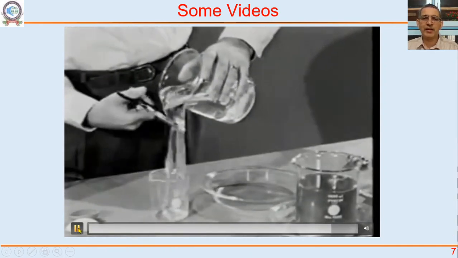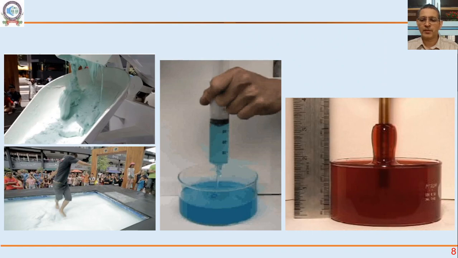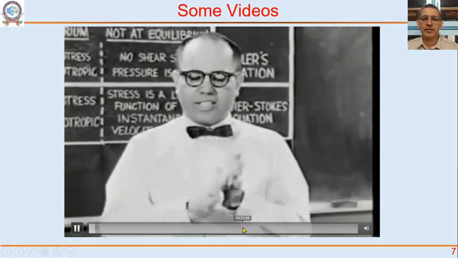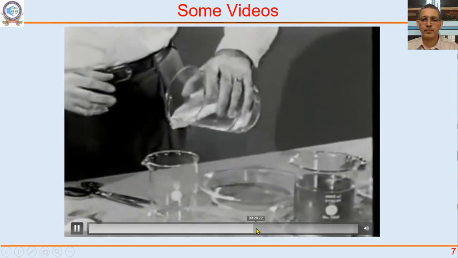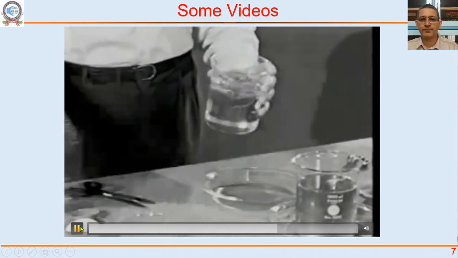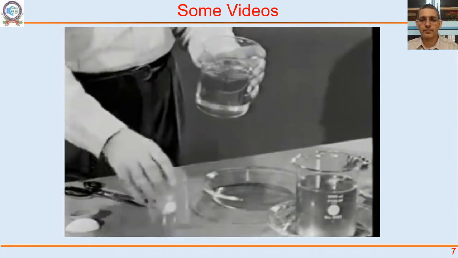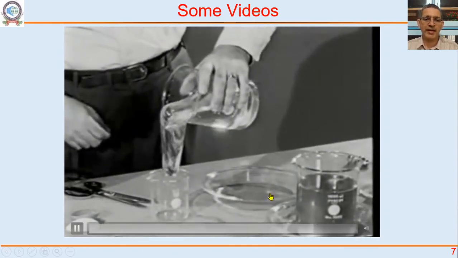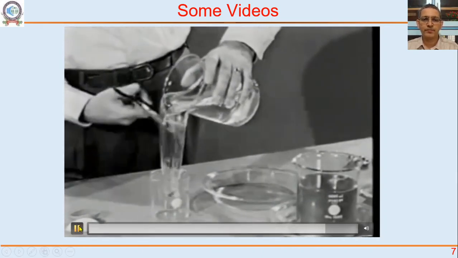Liquid can be cut like a solid. Right, let's go back. Liquid can be cut like a solid. See that? These are called viscoelastic fluids. They behave like an elastic material.